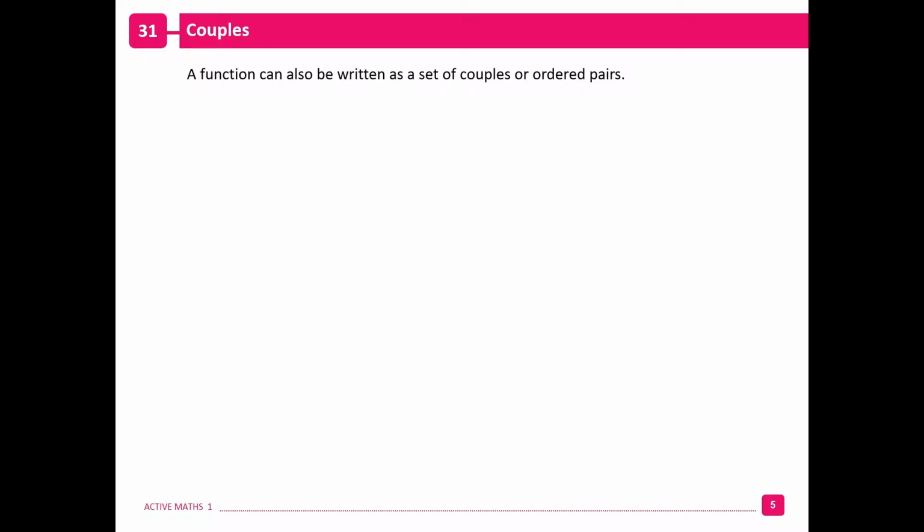A function can also be written as a set of couples or ordered pairs, and we looked at this in the last video. In each couple, as we call them, and it's easy to understand why it's called a couple or an ordered pair, because couple and pairs means two of, and having them ordered is quite important.